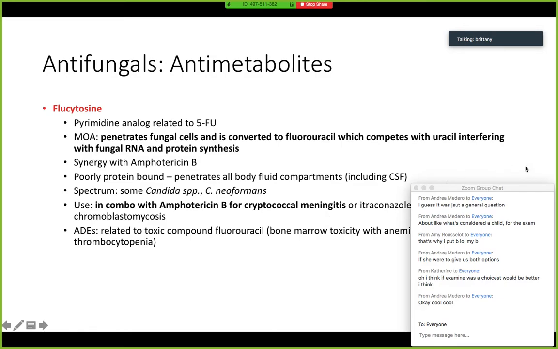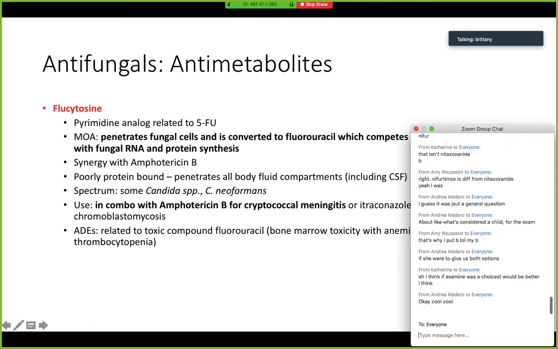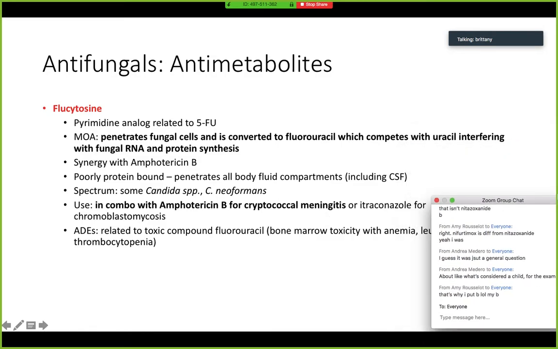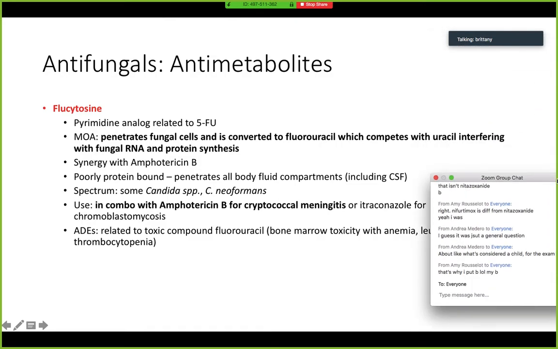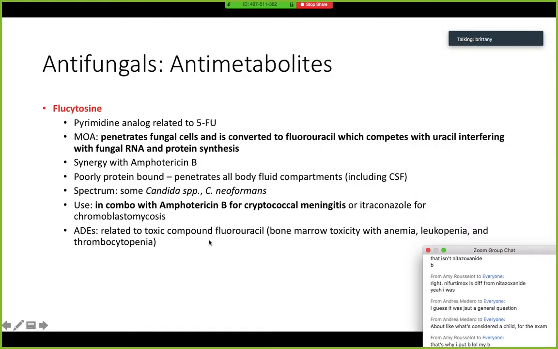Flucytosine, I don't think she had anything in red besides the drug name. So if I were to know anything, I would know the mechanism of action and then the fact that you use it in combination with amphotericin B for cryptococcal meningitis.